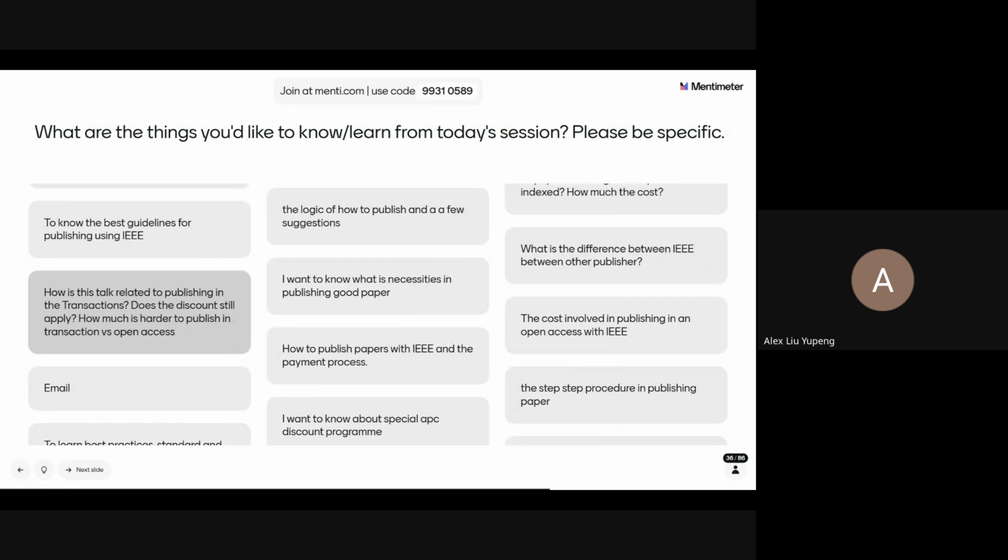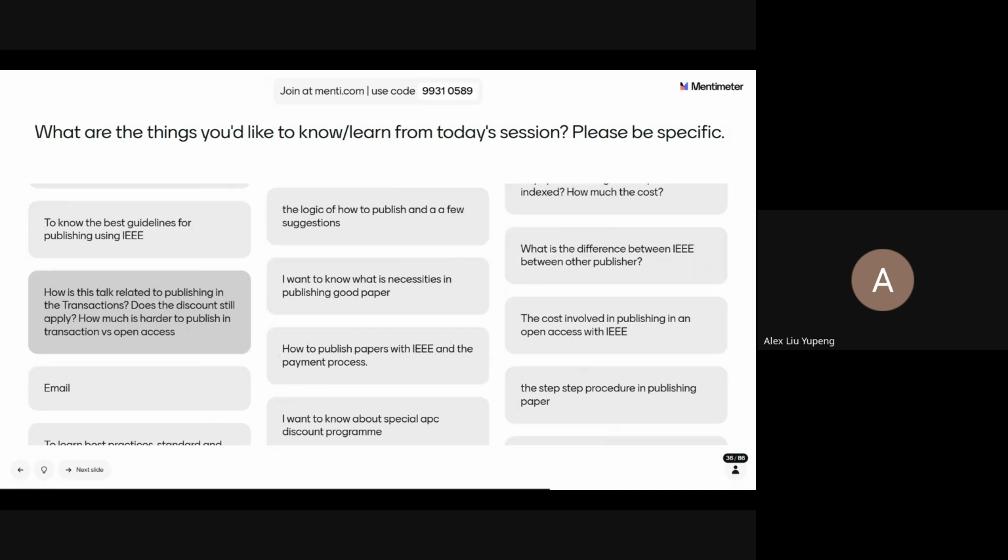And it's the same. Your paper will go through the same peer review process, reviewed the same as all the papers. The reviewers don't know how you want to publish your paper. So there's no comparison of it being harder to publish in open access or traditional.